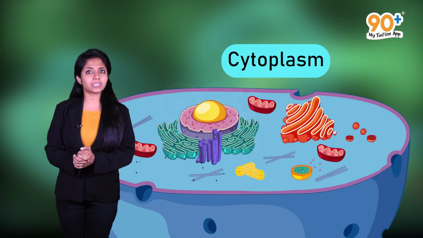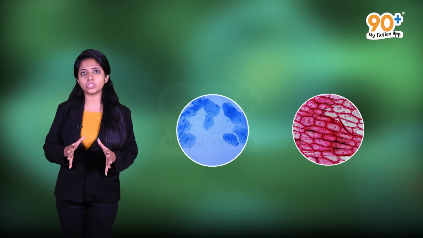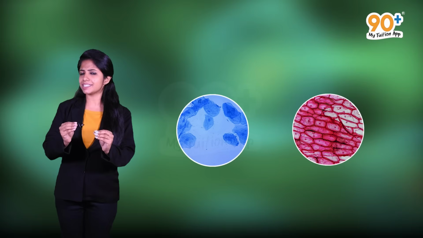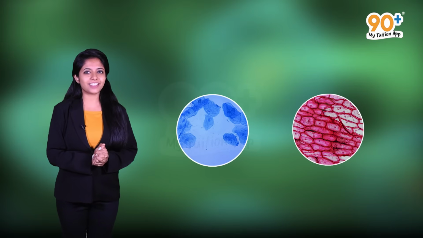And if you look closely at the stained cheek cells and the onion cells, you will find that cytoplasm is the region which takes up just a little stain in comparison to other regions. Seems interesting, no?